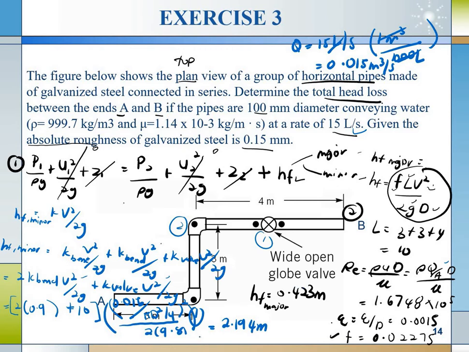So calculate the total, the minor loss plus the major losses.